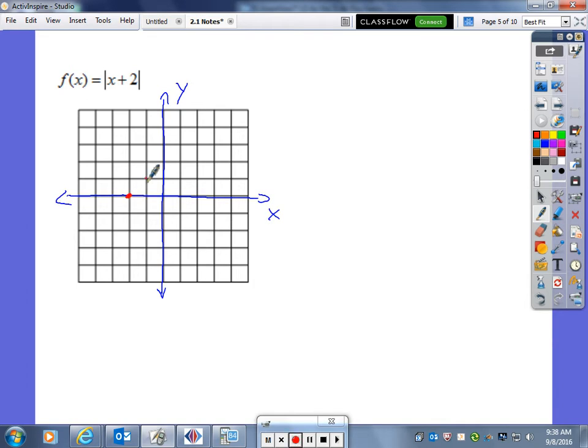This is where our vertex lies, and we go up using the same numbers that we have been using before. There goes our graph. And now I do want you to note that when we had plus a number, the plus moves the graph to the left. And on to the next example.